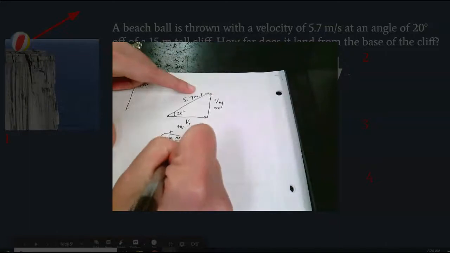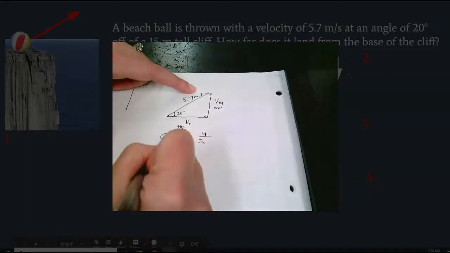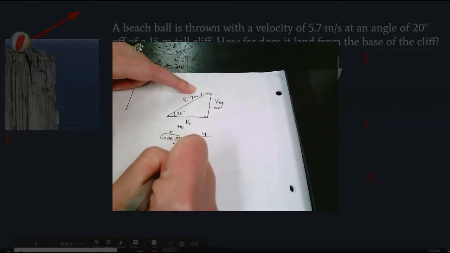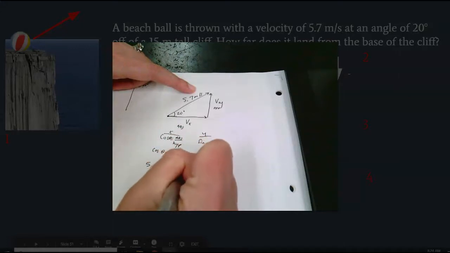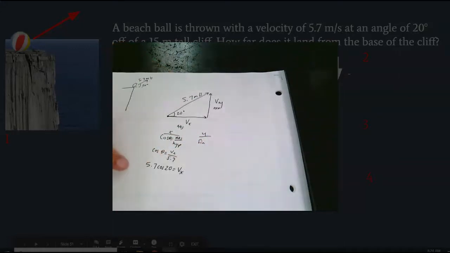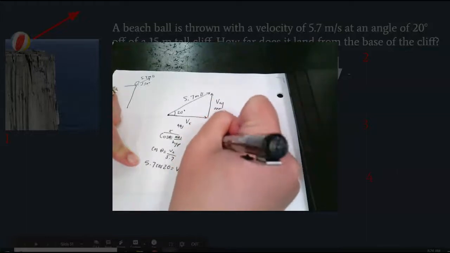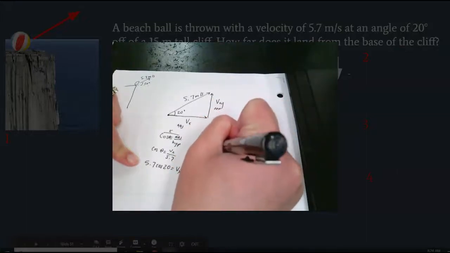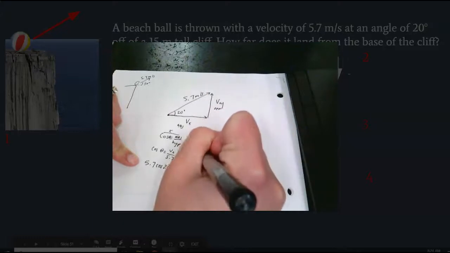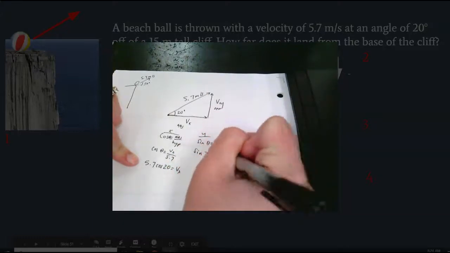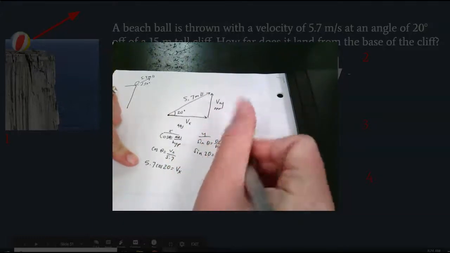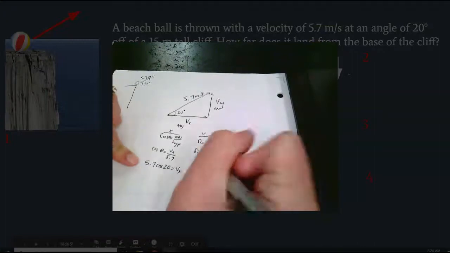So, cosine of theta is equal to whatever our Vx is, or our x component, all over the hypotenuse of 5.7. So if I do some math, I get 5.7 cosine of 20 is equal to the x velocity, right? And I can do that over here too. I'll do all my math in just a second. Sine of theta is opposite over the hypotenuse, so sine of 20 is equal to my initial y velocity over 5.7.